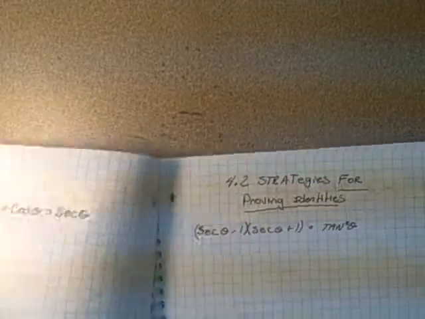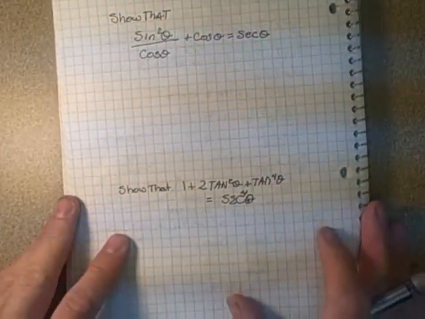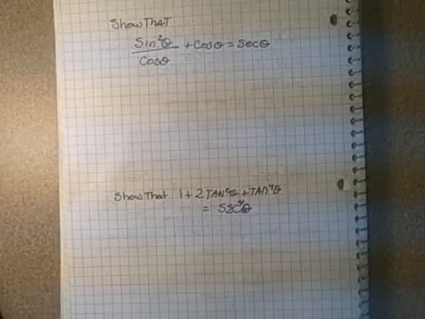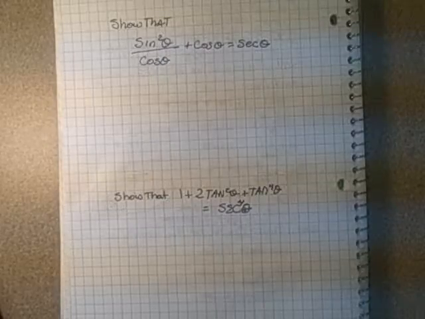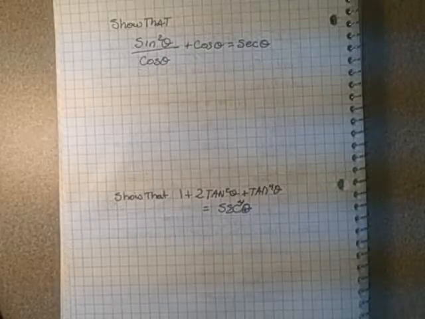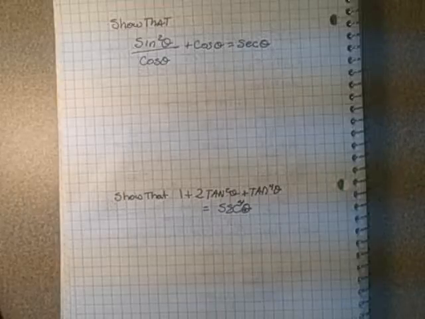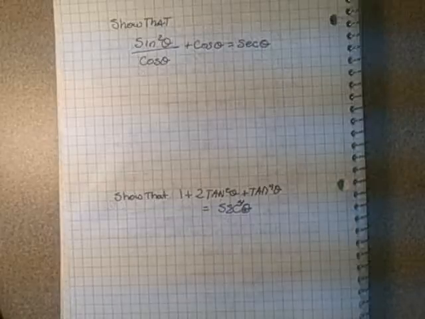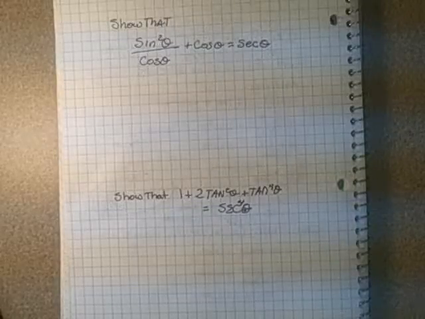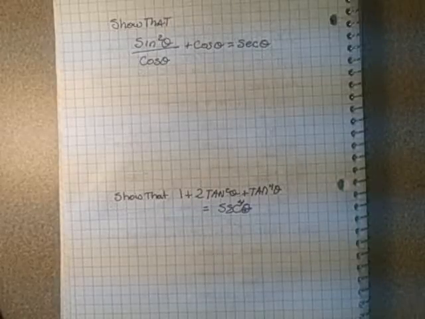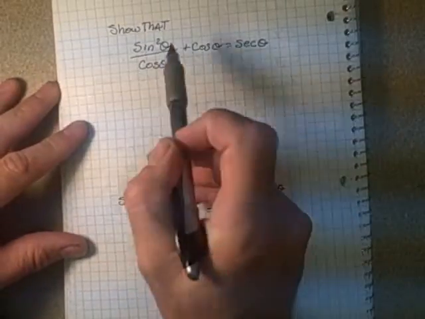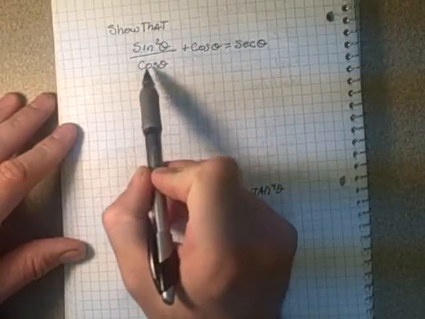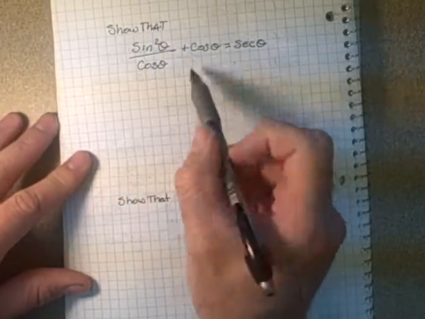Okay, we have a couple more here. What if I had something that looks like this? Sine squared theta over cos theta plus cos theta is equal to secant theta. In these types of questions, we're again going to be using the basic proofs. It's a mini proof, so we do a similar operation here, an addition, but we have to get a common denominator.